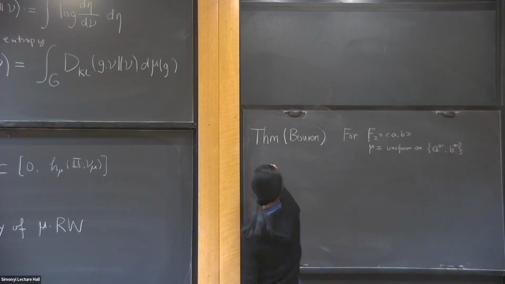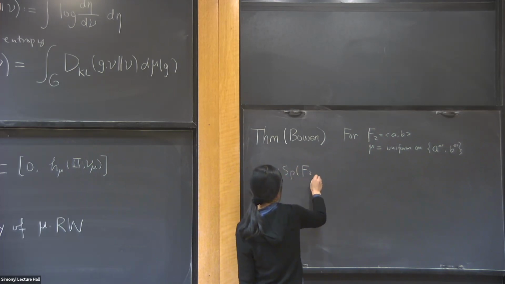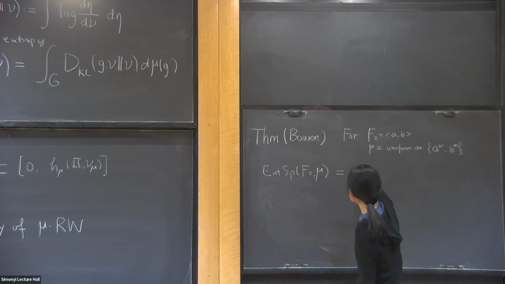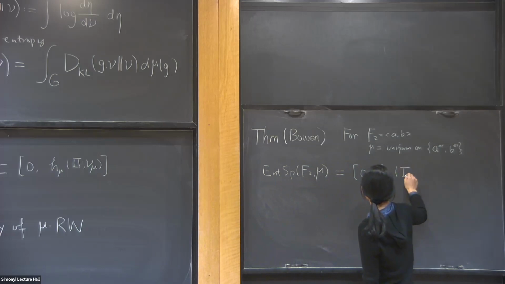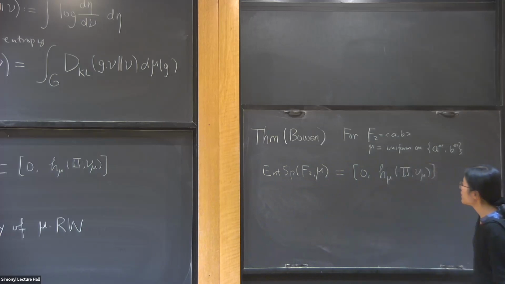Then this entropy spectrum is the whole interval. So this was the biggest you can hope for, up to the Poisson boundary. You see the whole interval.